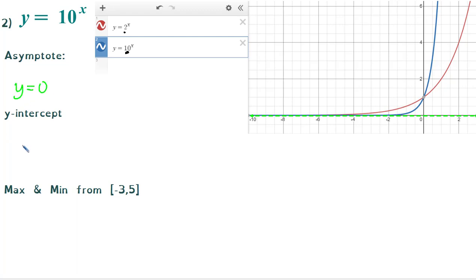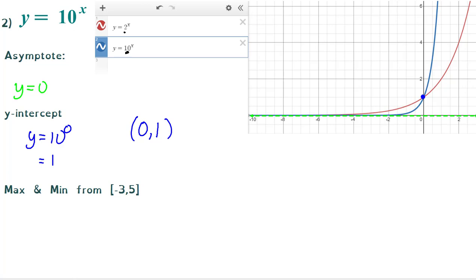And then our y-intercept, we're still going to that same spot. So again, to check it, 10 to the 0 power. Anything to the 0 power is 1. And so we have (0, 1).